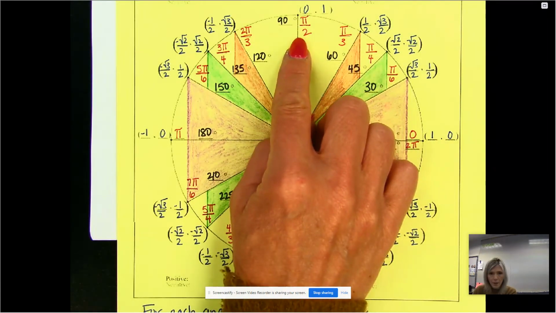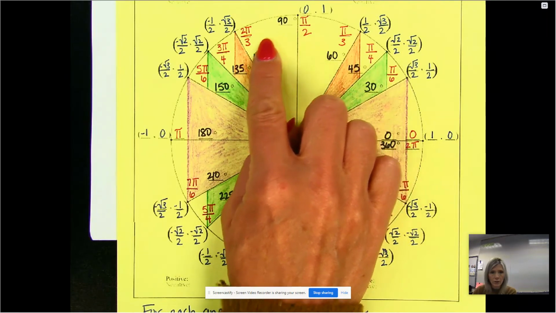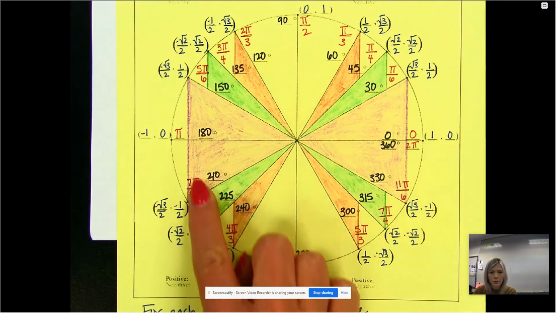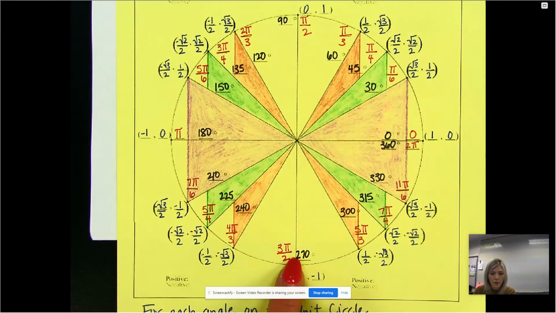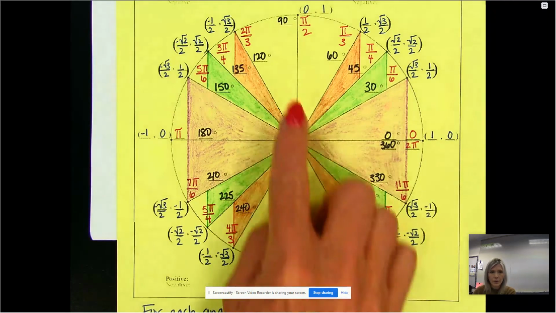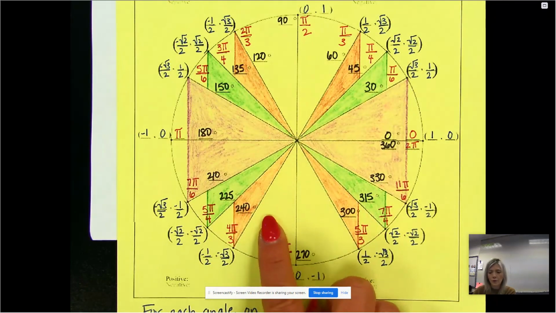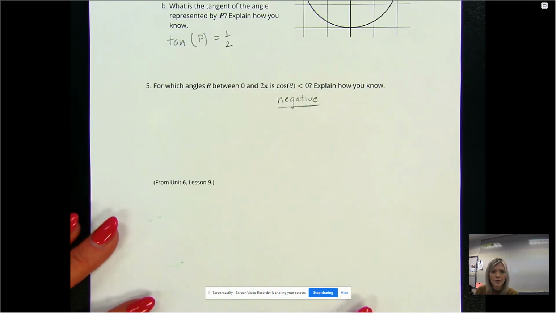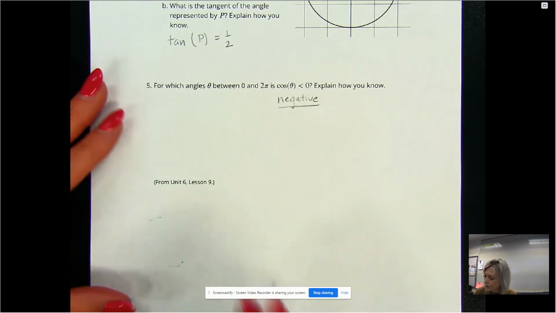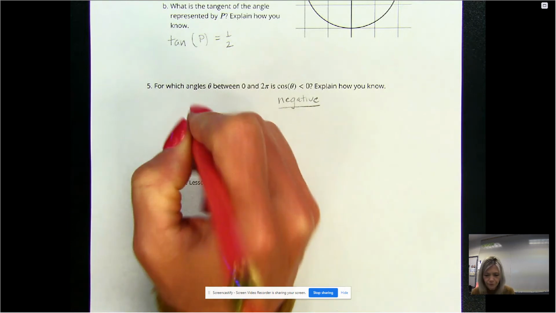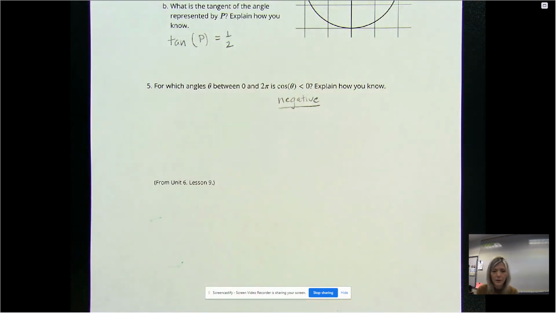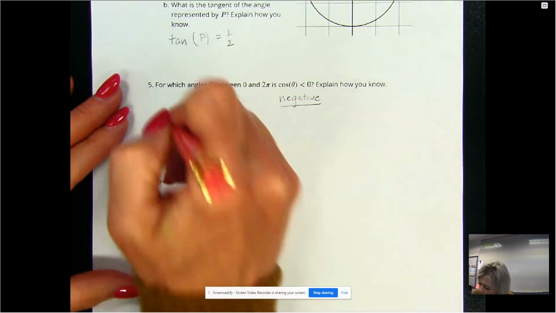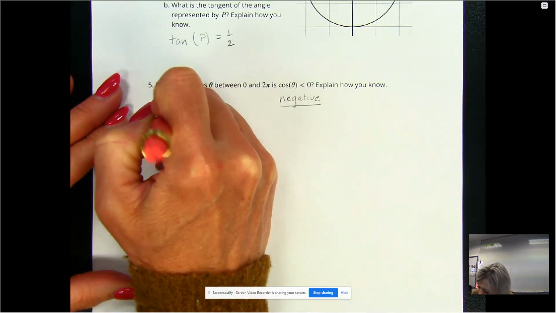So pi over 2 is where it would start. And then the angles between pi over 2 and 3 pi over 2. Okay, so all of those angles have negative cosine values. So for which angle theta between 0 and 2 pi is the cosine of theta less than 0? I would say between pi over 2 and 3 pi over 2.